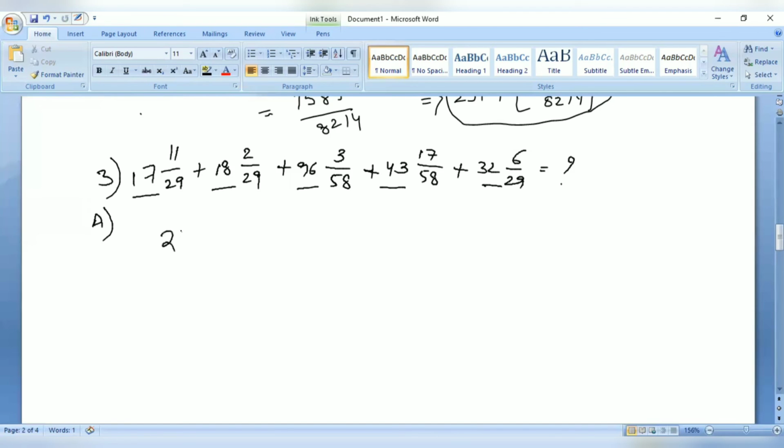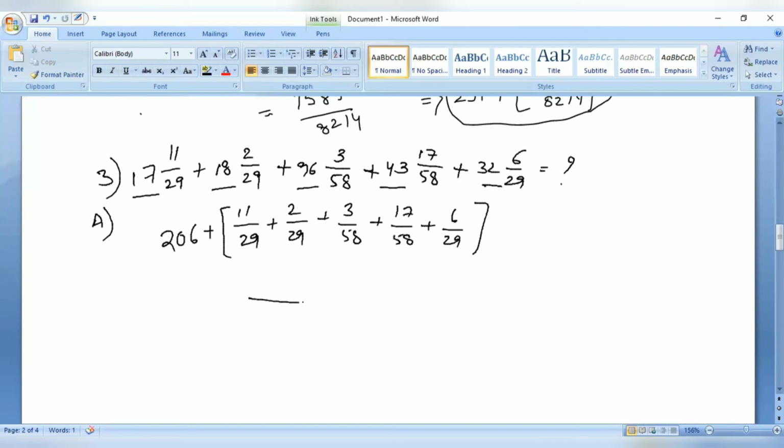So let us write 206 here. Plus, now let us take all the fractions: 11 by 29 plus 2 by 29 plus 3 by 58 plus 17 by 58 plus 6 by 29. So now it is easy when compared to the last problem.